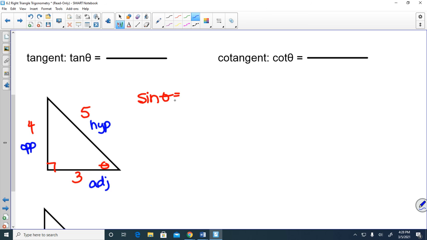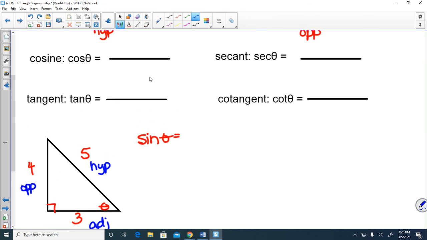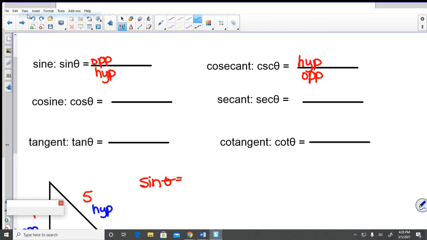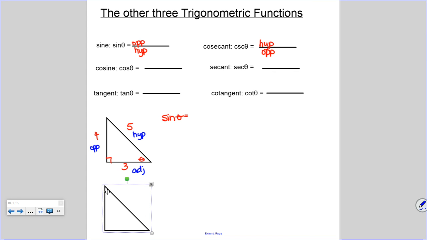So the sine of theta, sine is opposite over the hypotenuse, so sine would be 4 over 5. The cosecant is the reciprocal. So instead of 4 over 5, it would be 5 over 4.